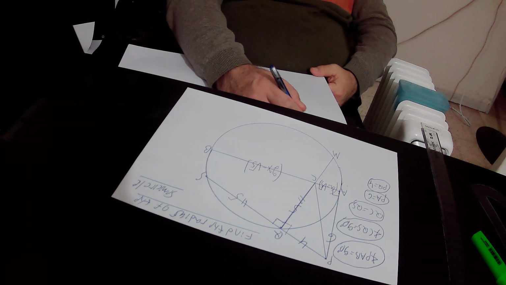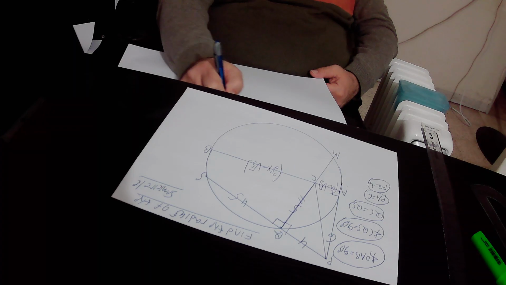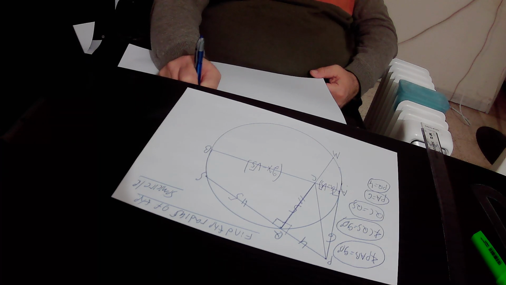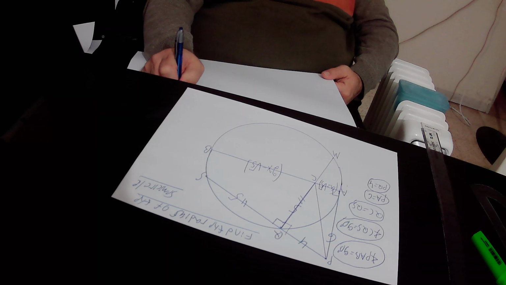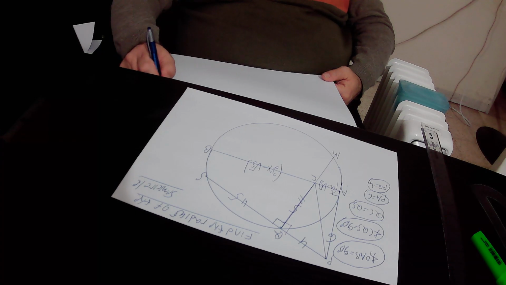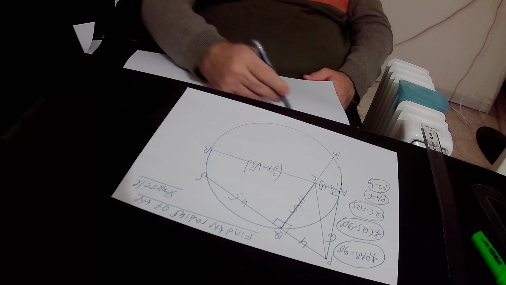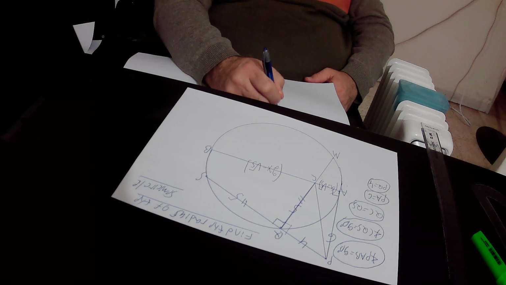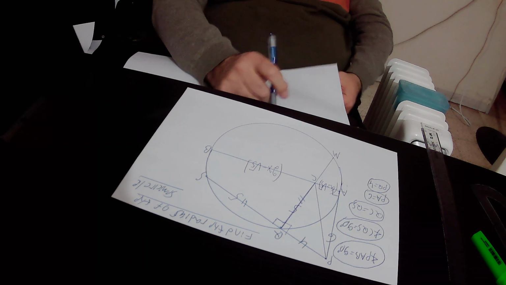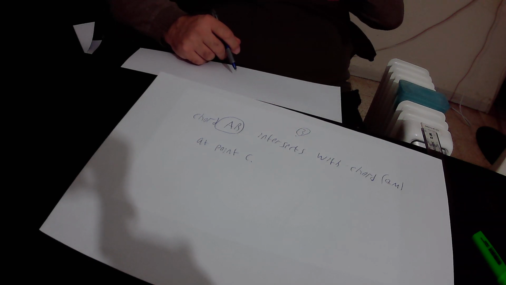In our drawing, chord AB intersects with chord QM and the intersection point occurs at point C.